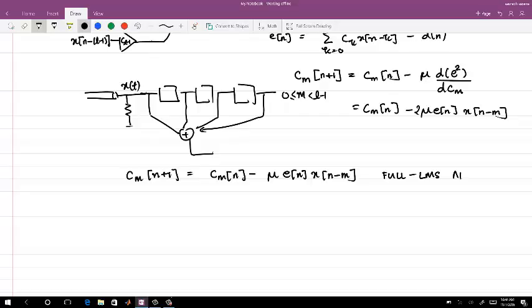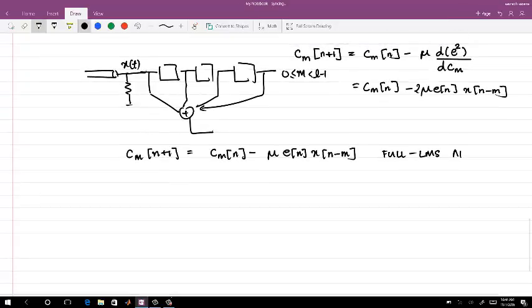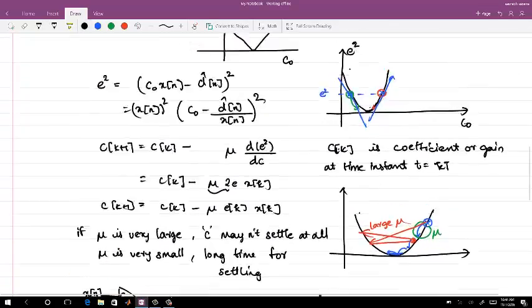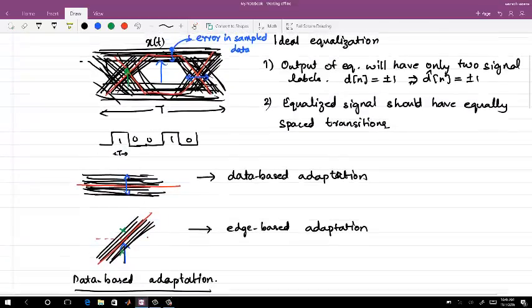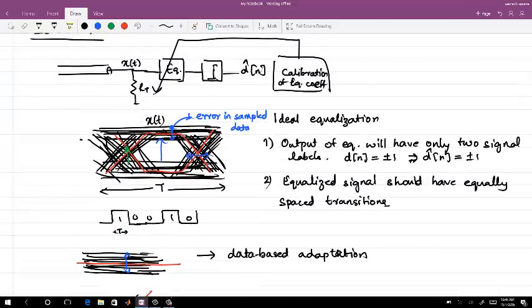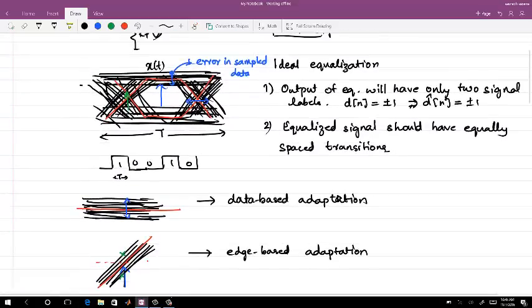Now the question is, how do we measure the error signal? Let us see. What is the error signal? The error signal is this one, the one which is marked in blue. That is the error.